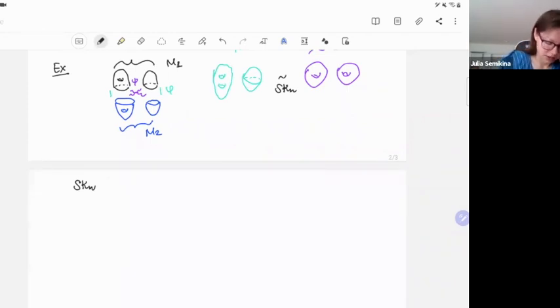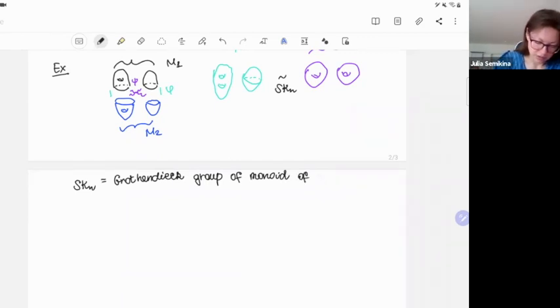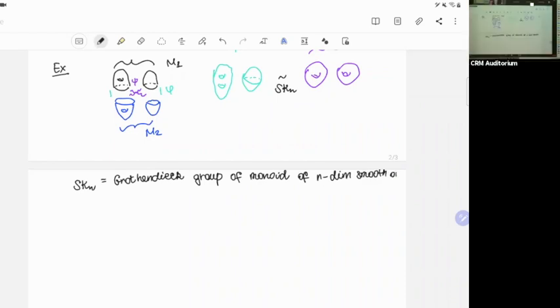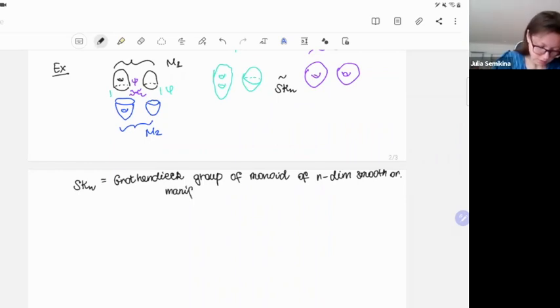So SKN is just the Grothendieck group of the monoid of all n-dimensional smooth oriented manifolds under disjoint union, modulo this SKN relation.